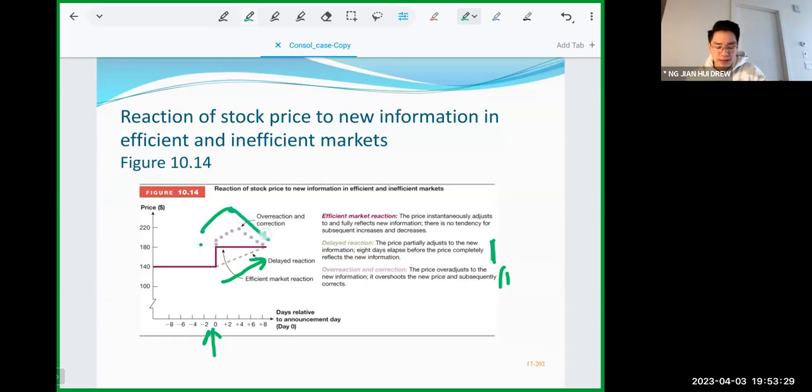So it will reduce back to the correct price. This new price here of 180 is therefore the equilibrium that we talk about. So generally, we know that the market is actually inefficient from this example here.